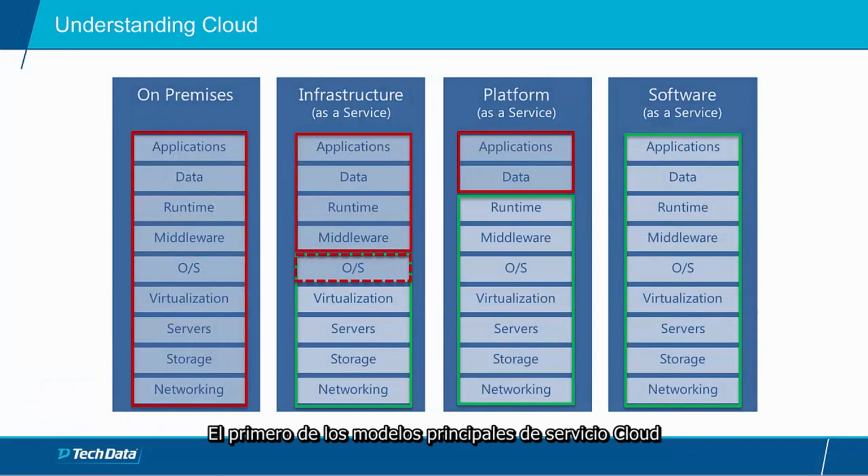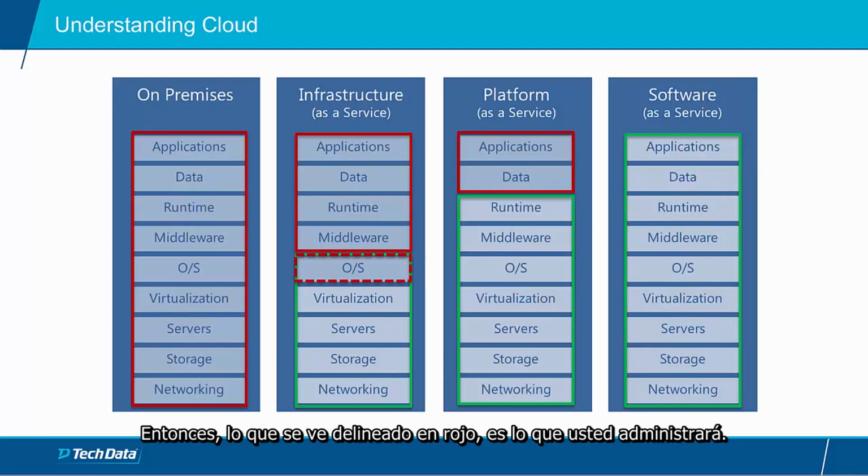The first core cloud service model is infrastructure as a service, or IaaS. In this model, the cloud customer outsources the infrastructure responsibility to an external cloud provider. So what you see outlined in red is what's going to be managed by you, right?